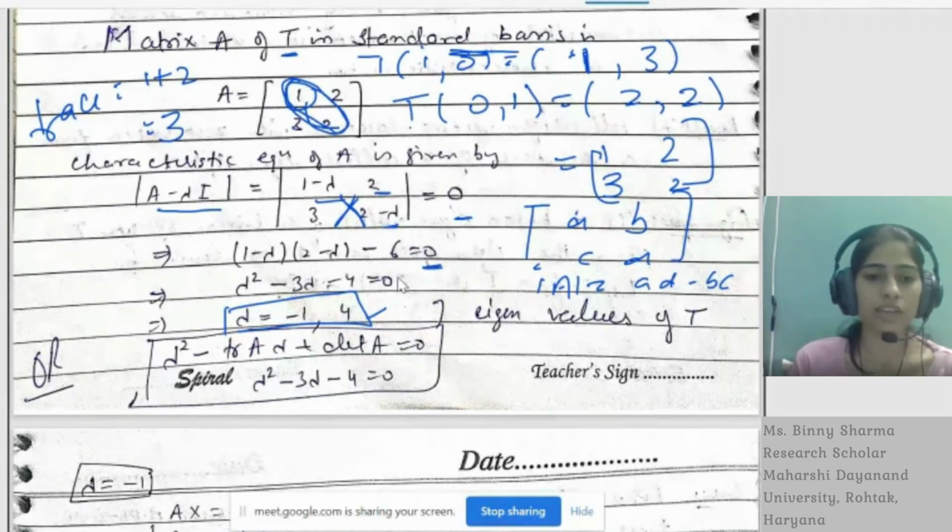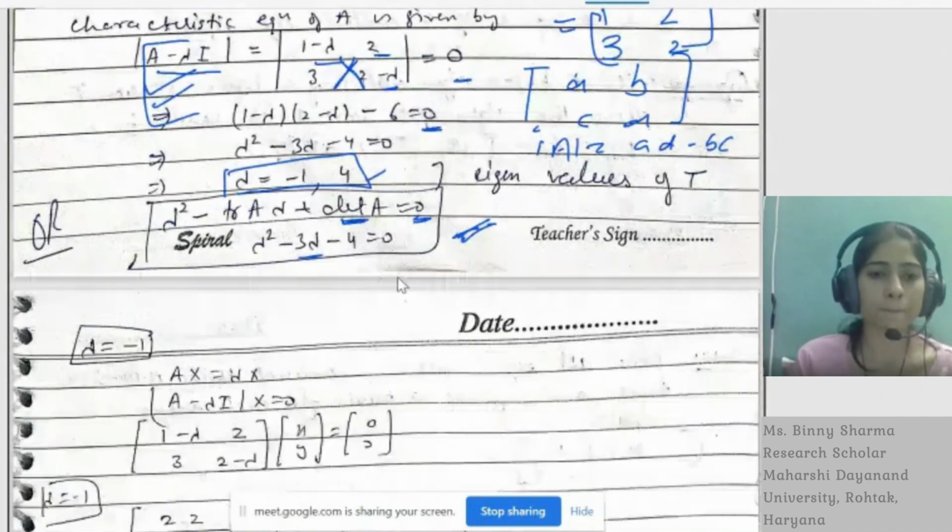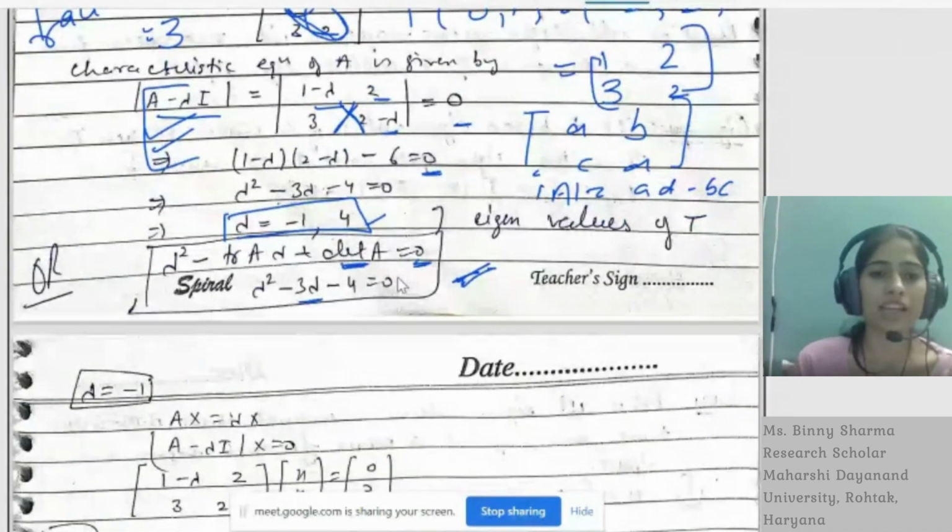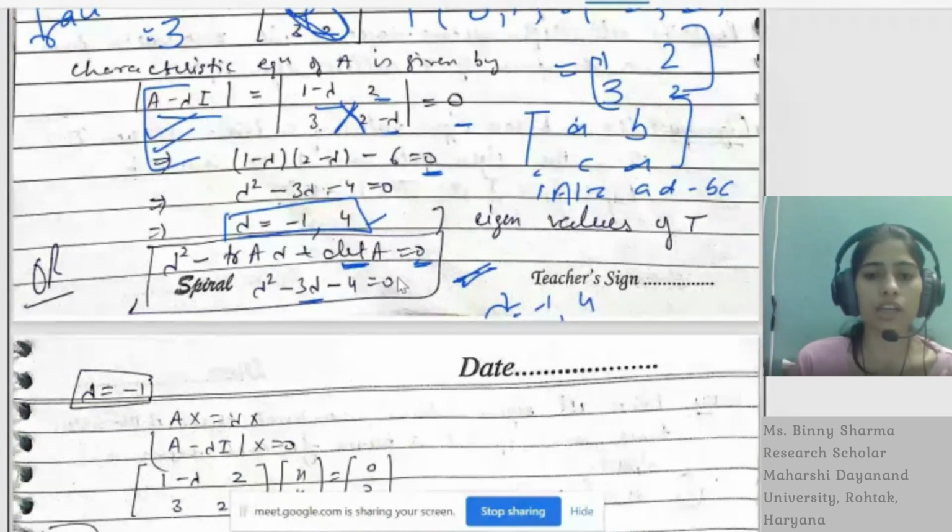So we apply lambda square minus 3 lambda plus determinant of A equals 0. This is the general formula and this is the particular case for a 2 cross 2 matrix. The eigenvalues we got are lambda equals minus 1 and 4.